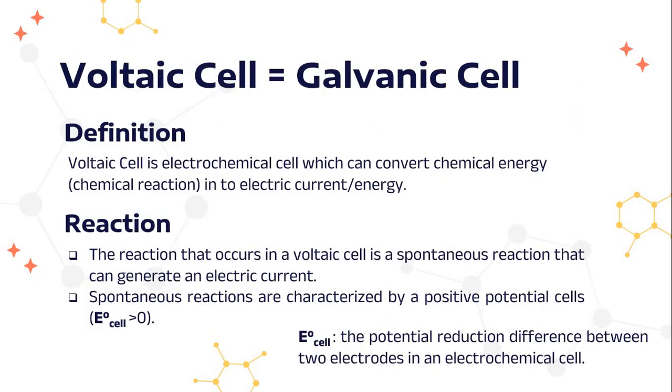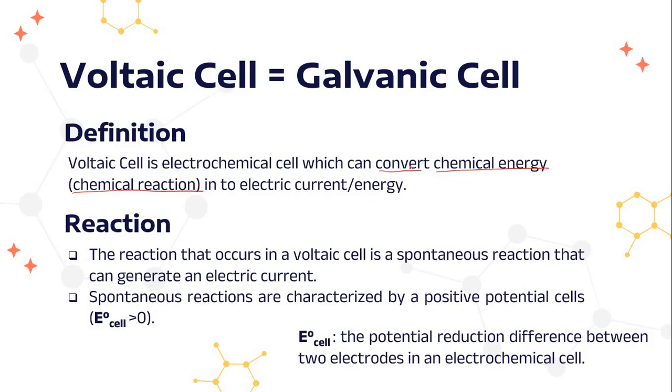So what actually are voltaic cells? A voltaic cell is the same as a galvanic cell. The definition is an electrochemical cell which can convert chemical energy or chemical reactions into electric current, or electric energy.